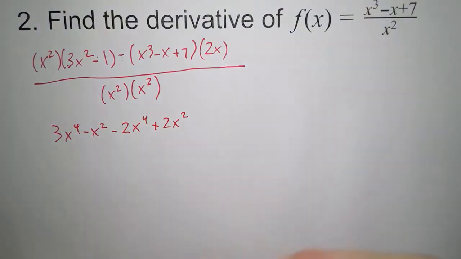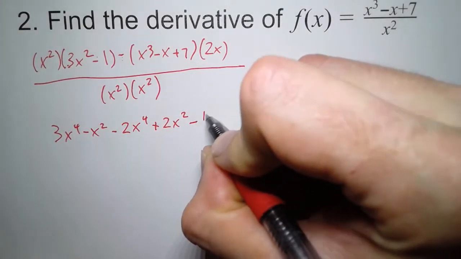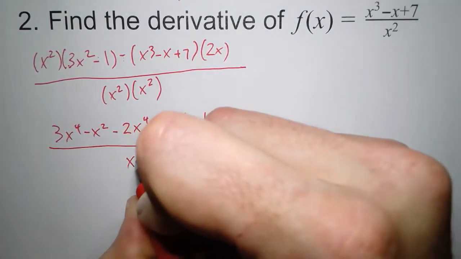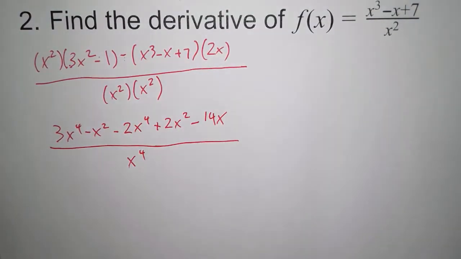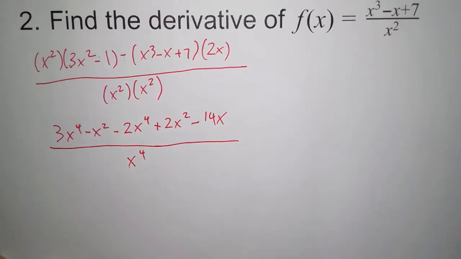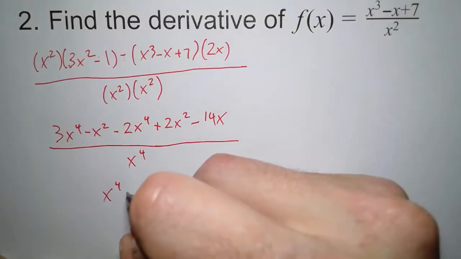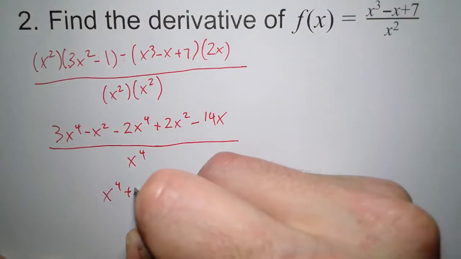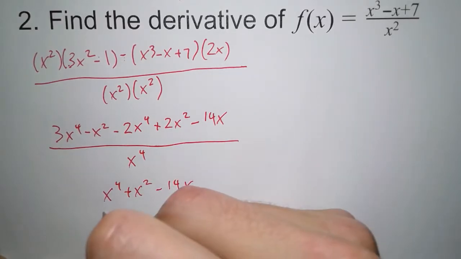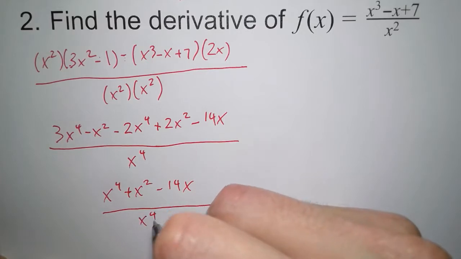And then 7 times 2x minus 14x all over x to the 4th. So now let's combine like terms here. We've got 3x to the 4th minus 2x to the fourth, so that leaves x to the fourth, negative x squared plus 2x squared, so we have plus x squared, and then we have minus 14x all over x to the fourth.